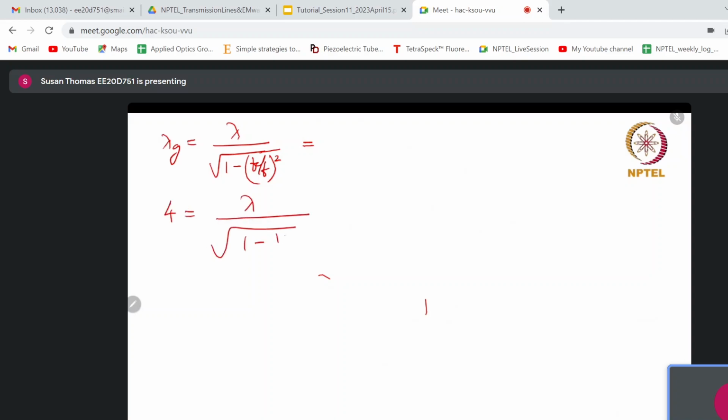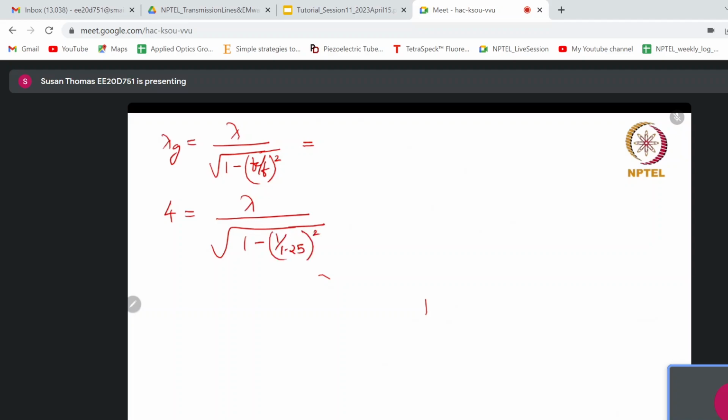So let us make it more clear. Lambda g is equal to lambda by square root of 1 minus fc by f the whole square. So lambda g is 4, lambda by root of 1 minus 1 by 1.25 the whole square.